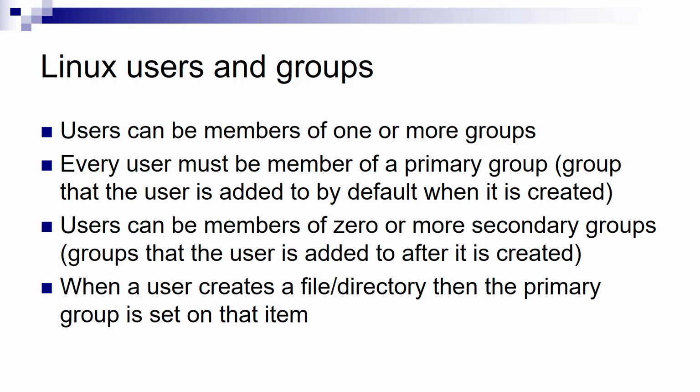Besides the primary group, users can also be members of 0 or more secondary groups. Secondary groups are just groups that the user is added to after it has been created. The importance of the primary group is that when a specific user creates a file or a directory, then that primary group is set on the created item.